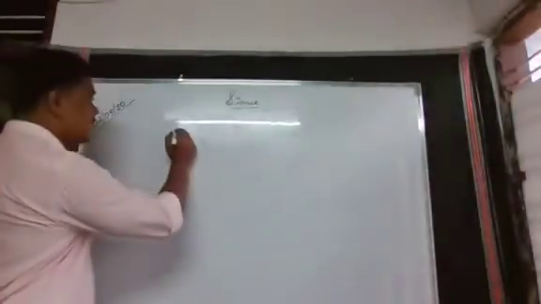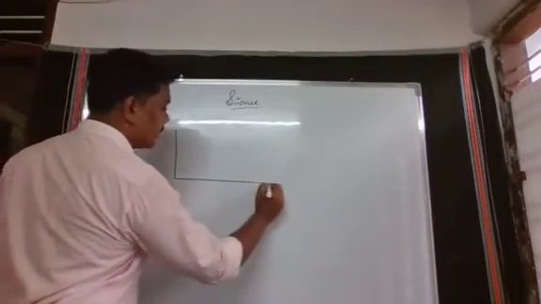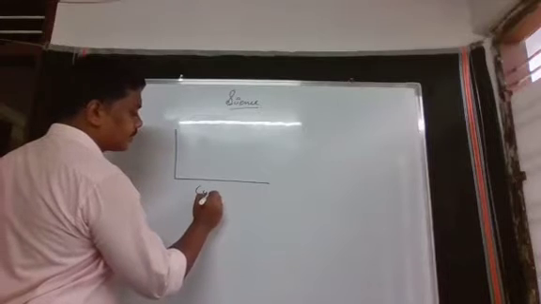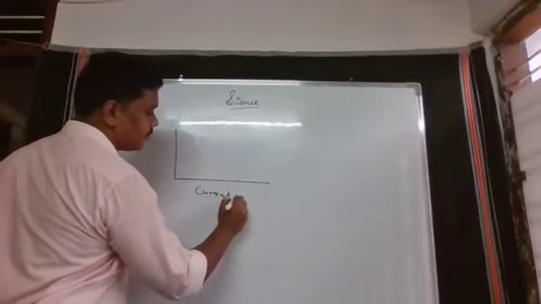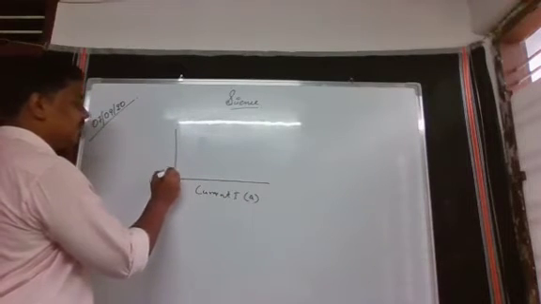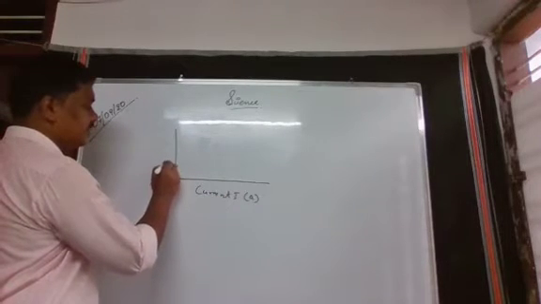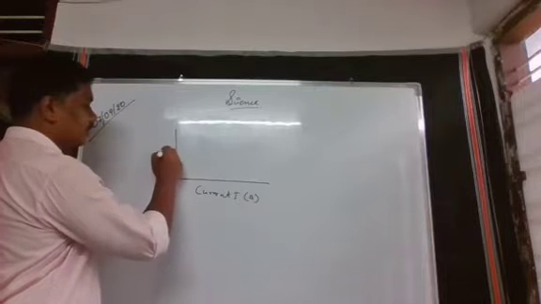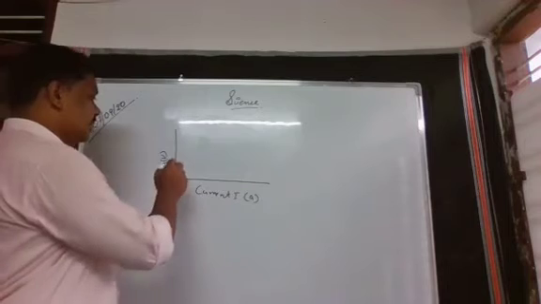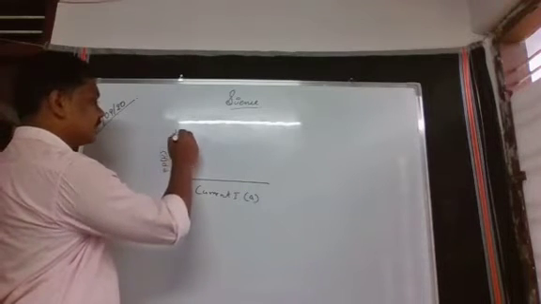In it, current I is the ammeter reading, and potential difference V is the voltmeter reading.